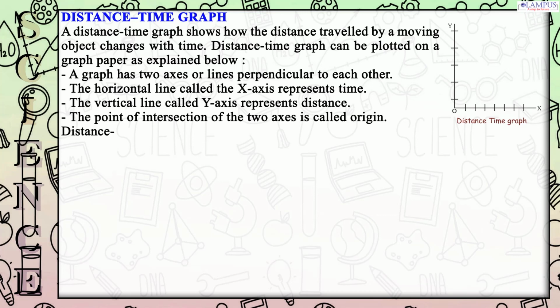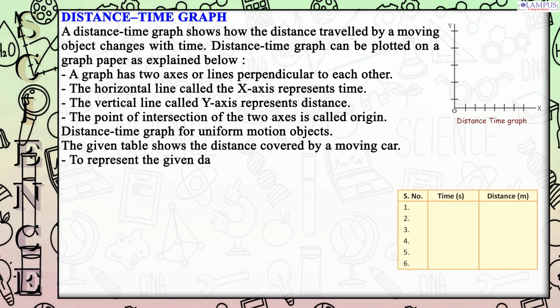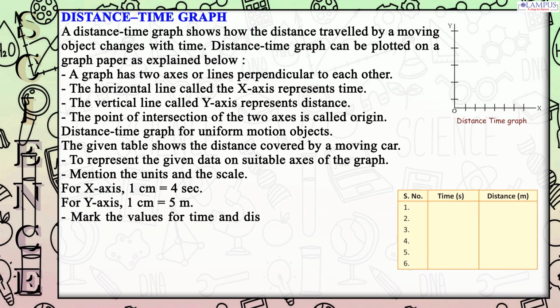Distance-time graph for uniform motion objects. The given table shows the distance covered by a moving car. To represent the given data on suitable axes of the graph, mention the units and the scale. For x-axis, 1 cm equals 4 seconds. For y-axis, 1 cm equals 5 meters.